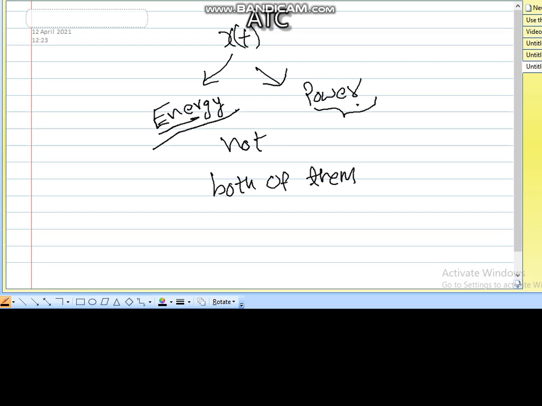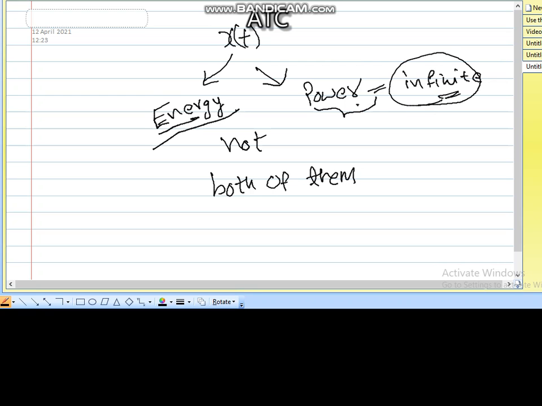If power is finite, then you simply say it is a power signal. If power is infinite, that means energy is also infinite, and that is neither an energy signal nor a power signal.